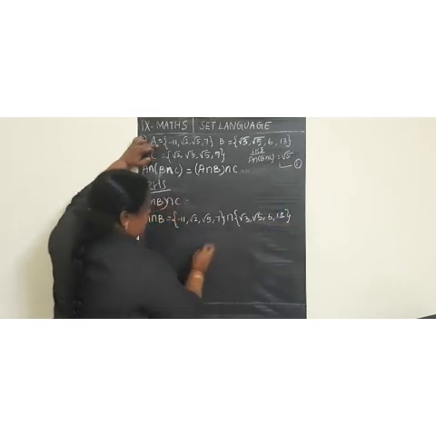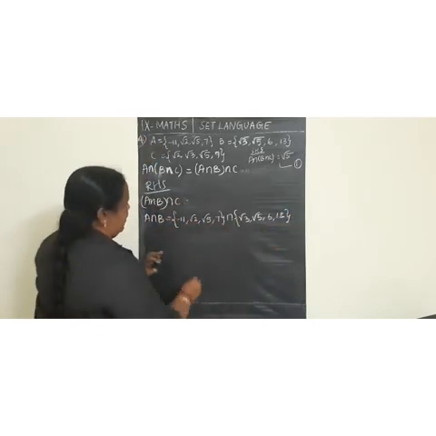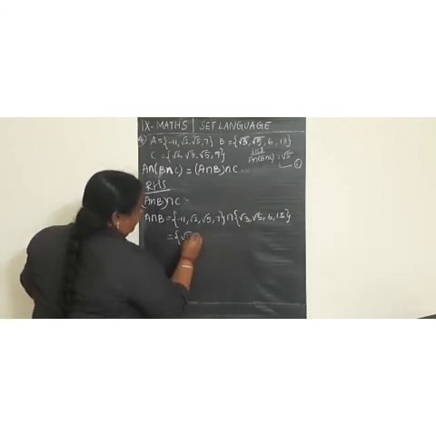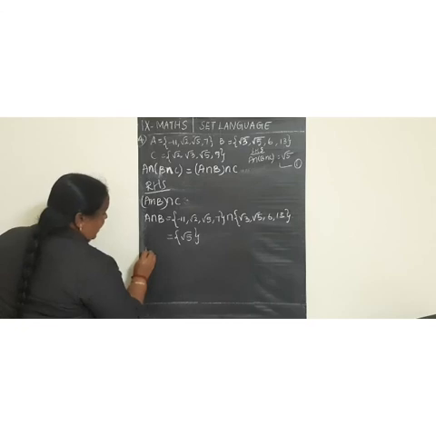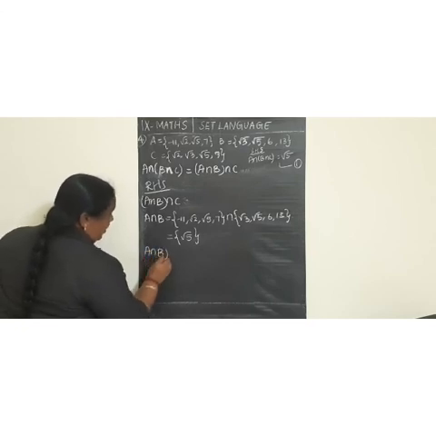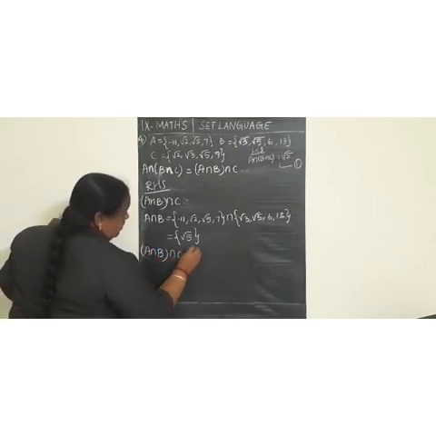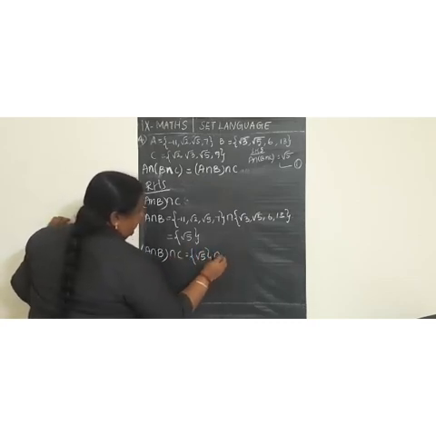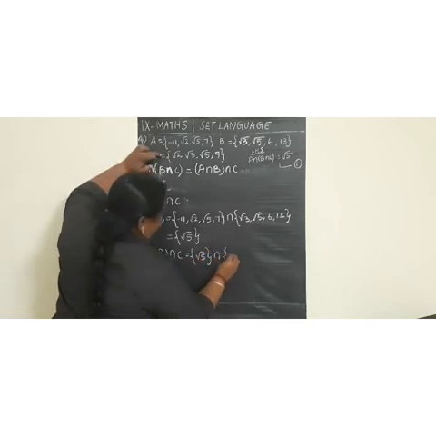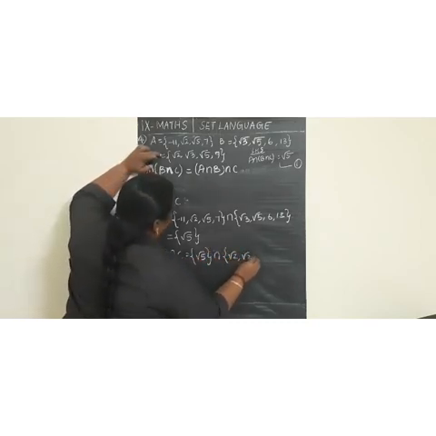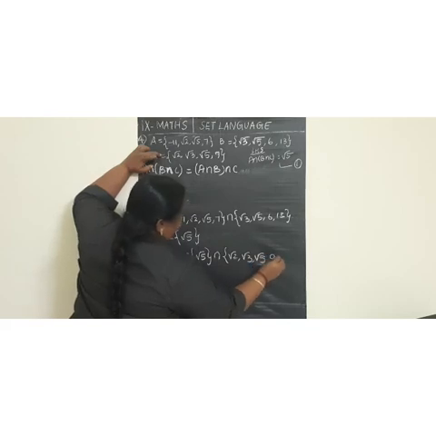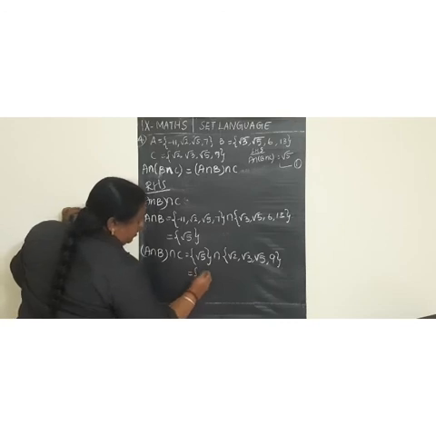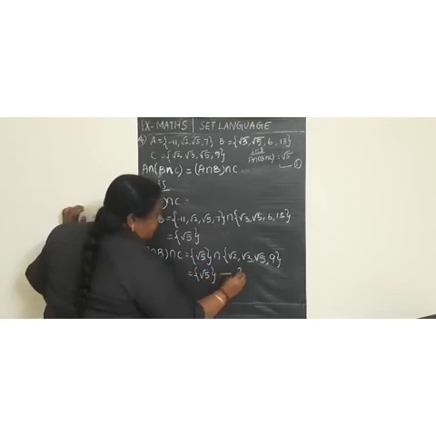Intersection means we write the common elements in these two sets. The common element is √5. Next, (A ∩ B) ∩ C is {√5} intersection C, where C is {√2, √3, √5, 9}. The common element is √5. We mark this as equation 2.